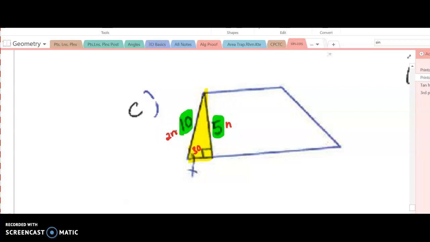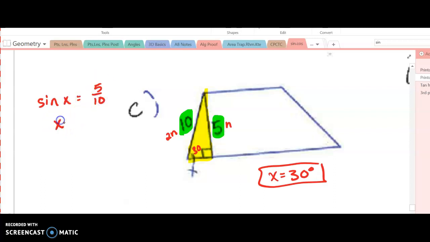So x would automatically have to be 30 because of that pattern, and that pattern only works with 30, 60, 90. Otherwise, of course, you can do sine x equals 5 over 10, and then x would equal sine inverse of 5 over 10, which would be 30 degrees exactly in your calculator. Okay, so either strategy works.